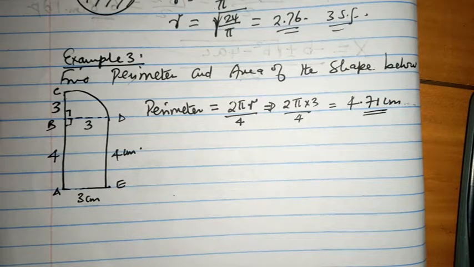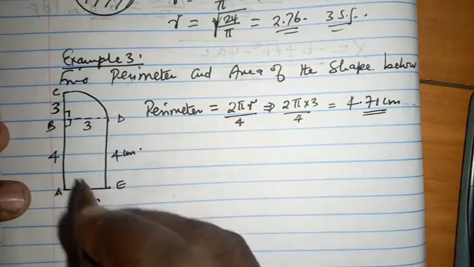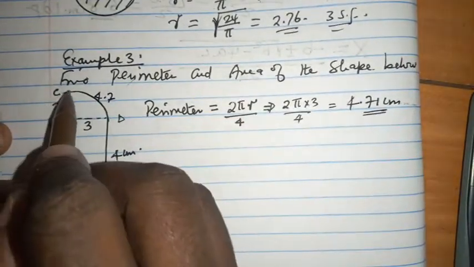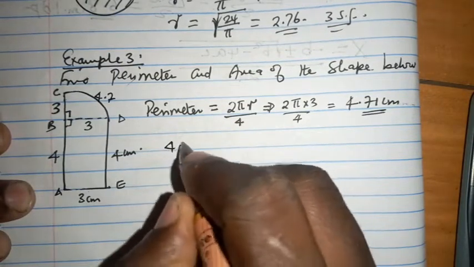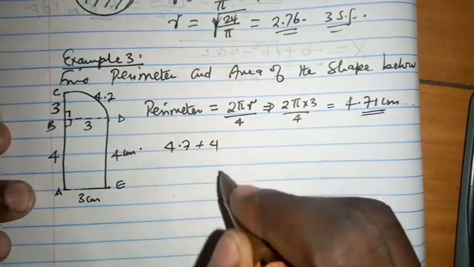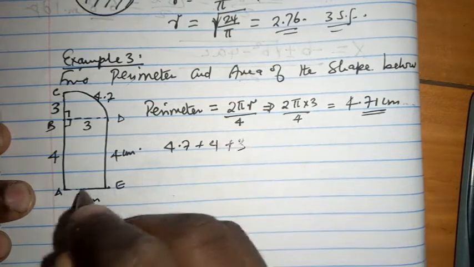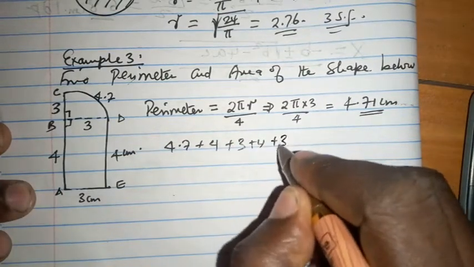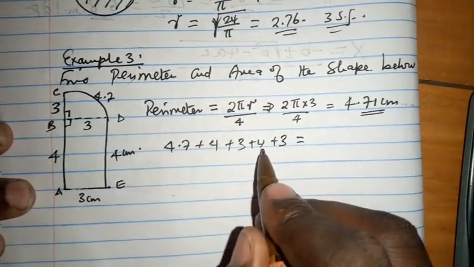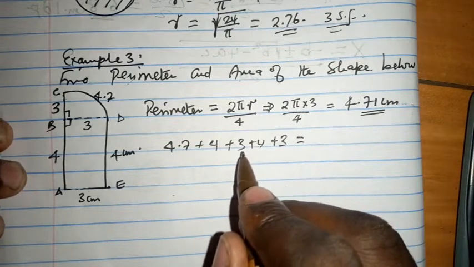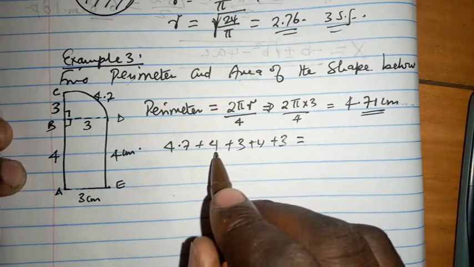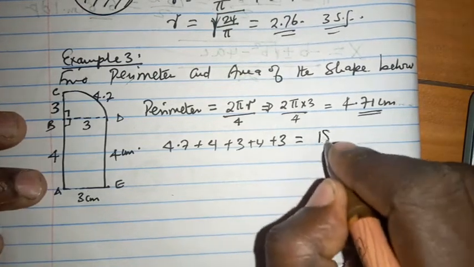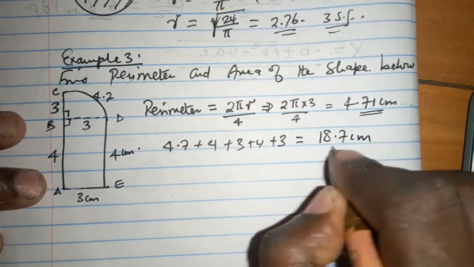Having said that, this is then 4.7 centimeters, and we can simply start from here up to there: 4.7 plus 4 plus 3 plus 4 plus 3. 3 plus 4 is 7, 7 plus 3 is 10, 10 plus 4 is 14, and 14 plus 4.7 is 18.7 centimeters.